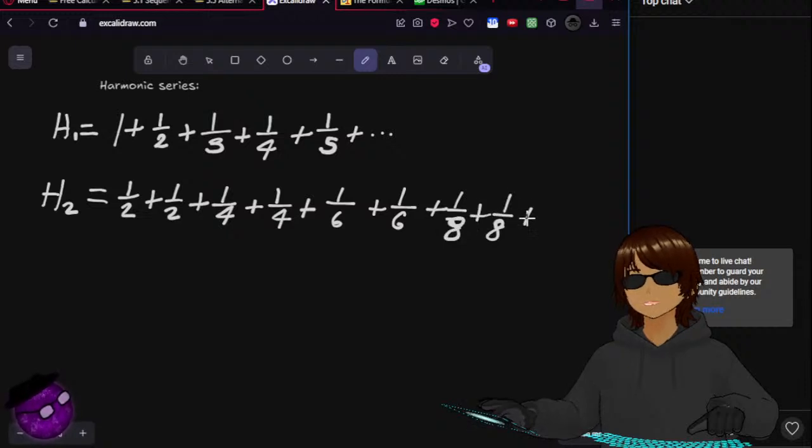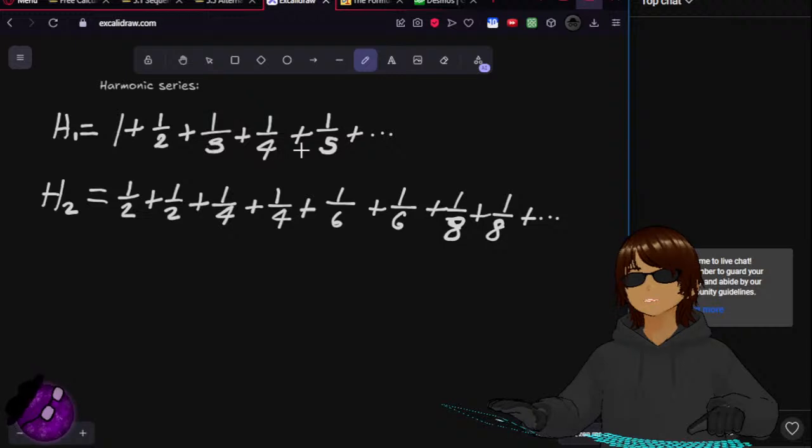Basically what I'm doing is taking all the odd terms and making each equal to the next term. So instead of writing 1, I will write half. Instead of 1 over 3, I will write 1 over 4. Instead of 1 over 5, I'll write 1 over 6.